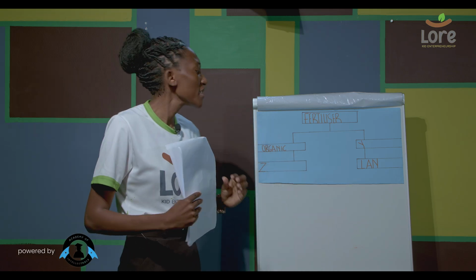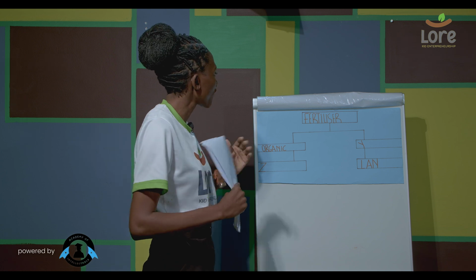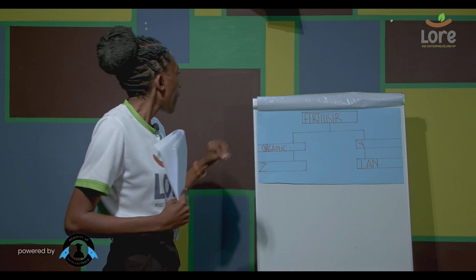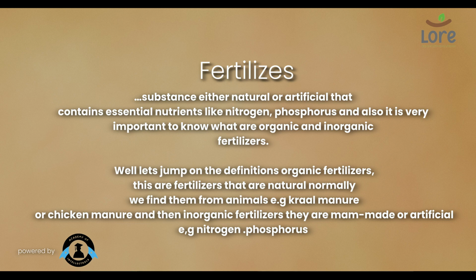But before we answer our question, we have to know what fertilizers are, and what organic fertilizers are. Fertilizers are substances that provide nutrients to our plants. There are two types of fertilizers, which are organic fertilizer and inorganic fertilizer.